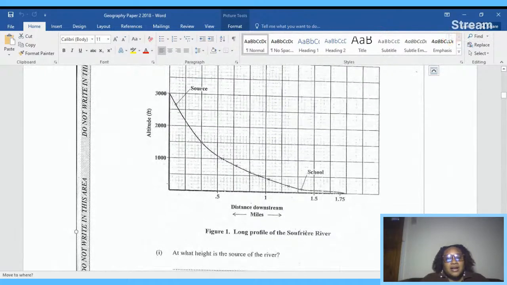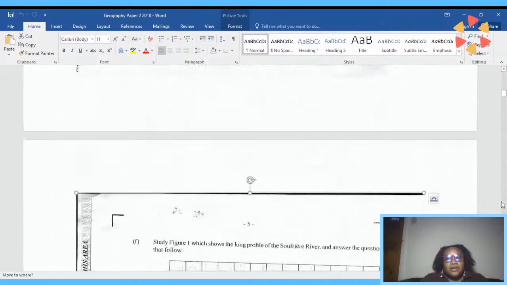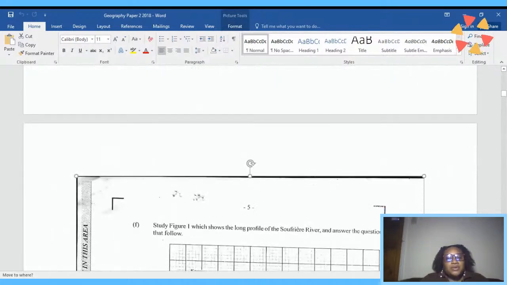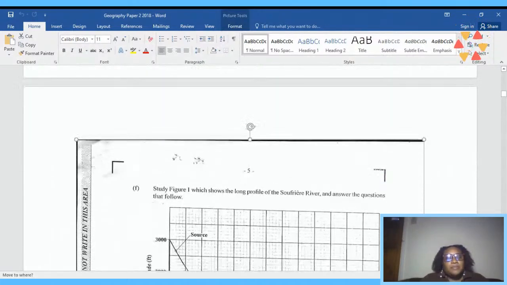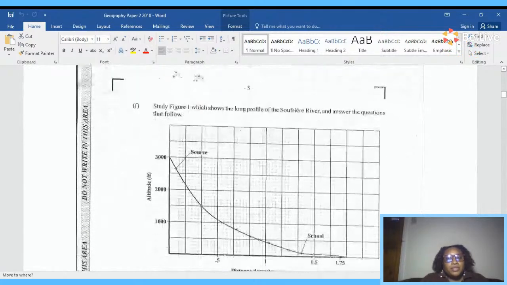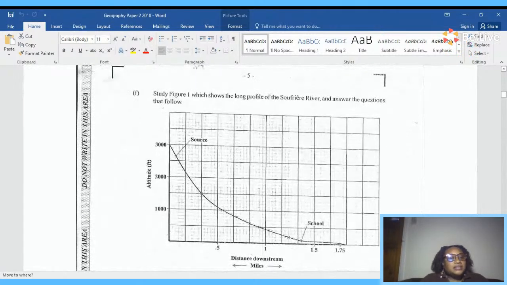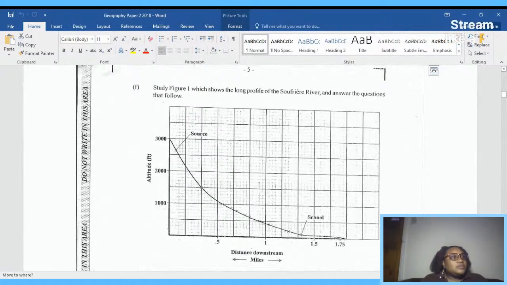At what height is the source of the river? So this is a straightforward question because they actually pinpoint the source for you. Can you see that? So what is that height?